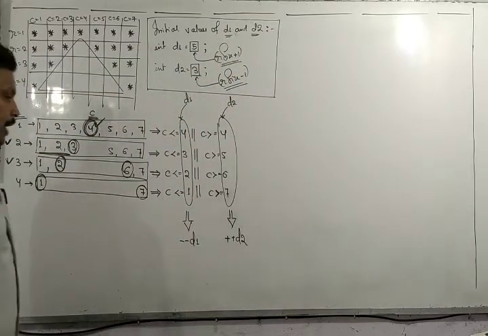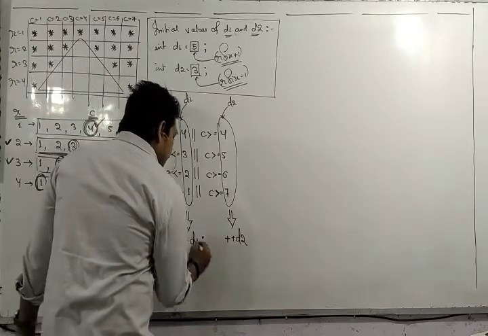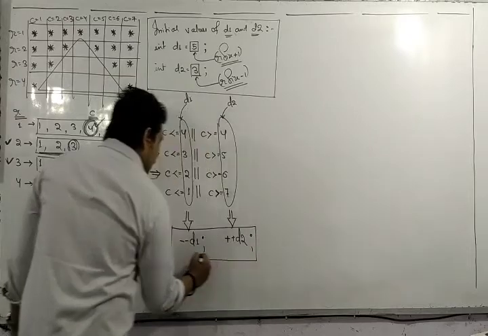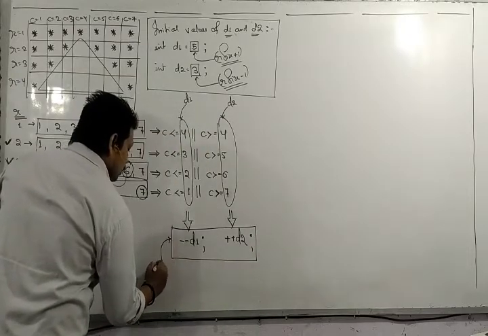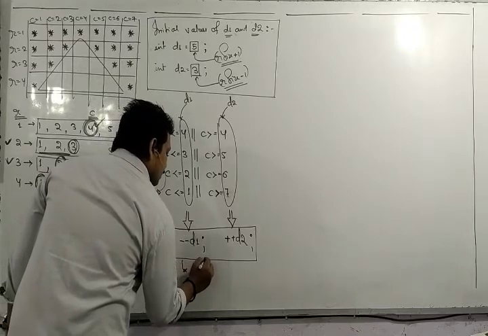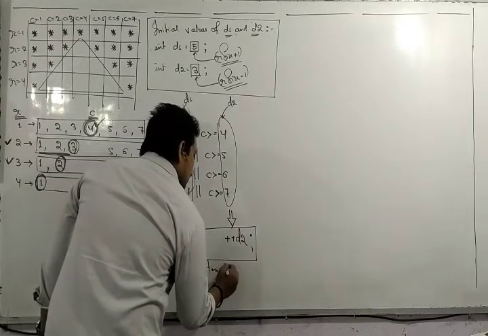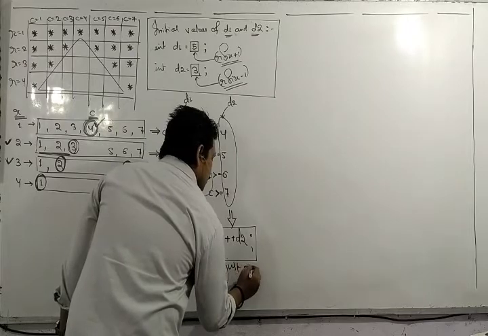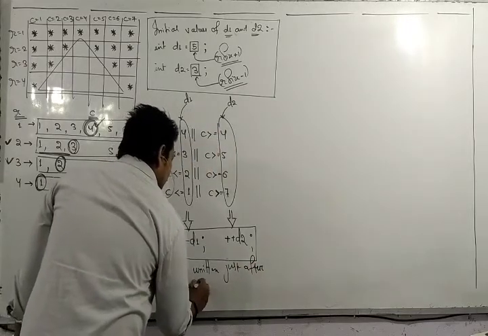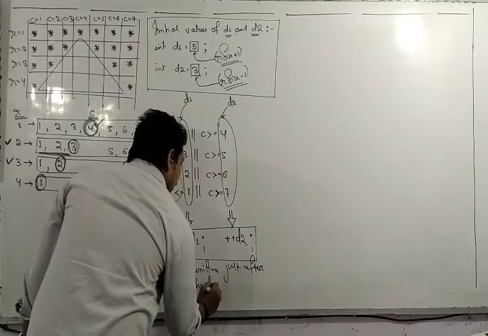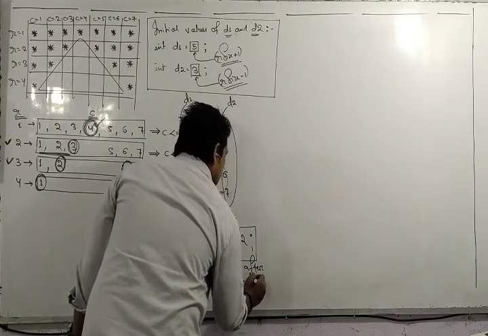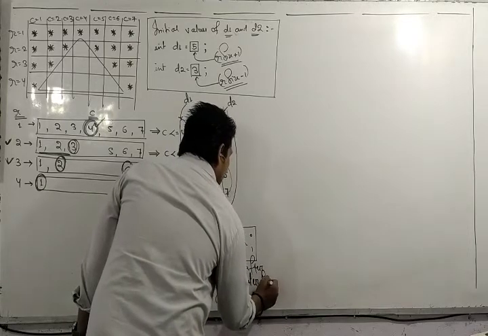And where should this line be written? Minus d1 and plus d2. These two statements should be written just after the heading of the outer for loop.